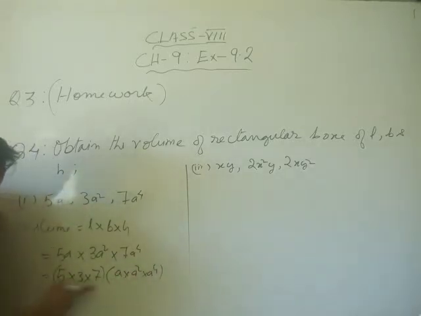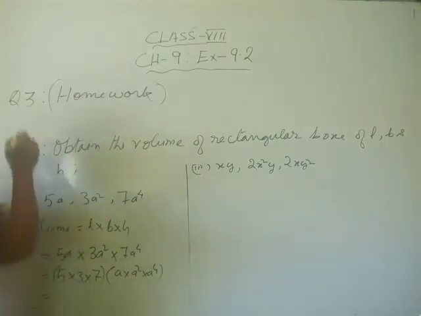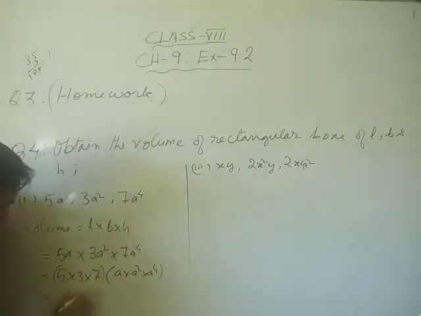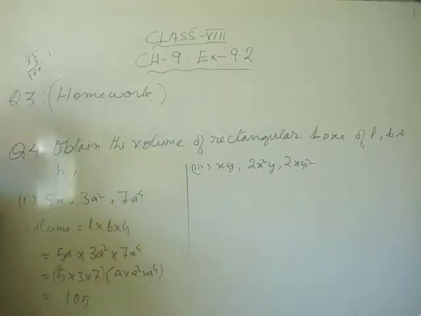Now I will show you this multiplication first. 7 fives are 35. Then 35 times 3, how much do you get here? You will get 105. So we are getting the product of these numbers as 105.